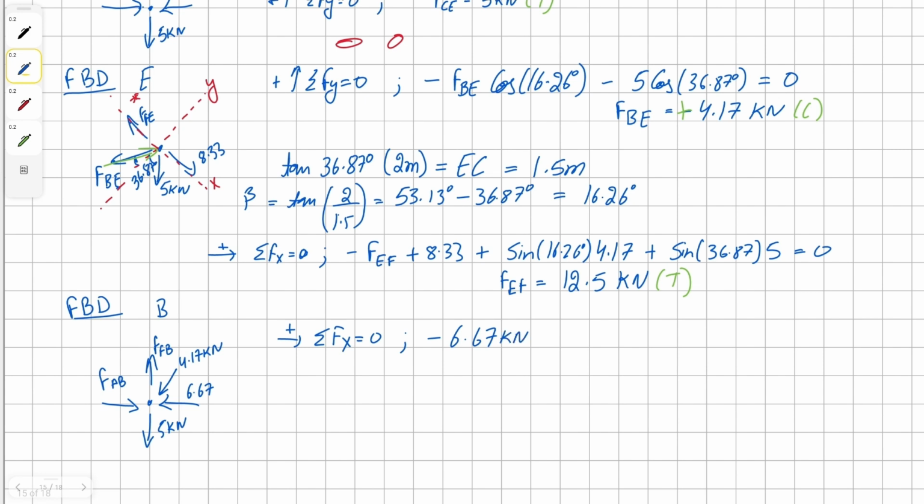Horizontal component of member BE is going to be negative 4.17 times 2 divided by the hypotenuse, or the length of member BE, which, using the Pythagoras theorem, is going to be 2 squared plus 1.5 squared, all of these square rooted. And then finally plus force in member AB, all equals to 0.